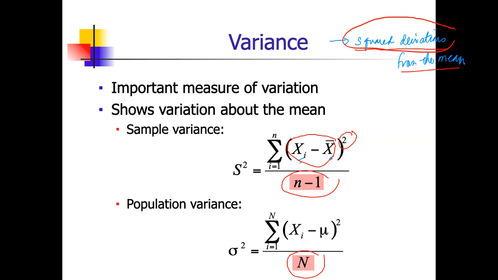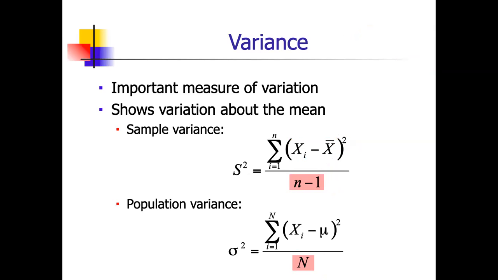Let me proceed to the next slide. If you look at our formula, say you have 100 data values, then your x sub i's range from 1 up to 100. Applying our formula, you have to subtract the mean from x sub 1, and also from x sub 2 up to x sub 100.